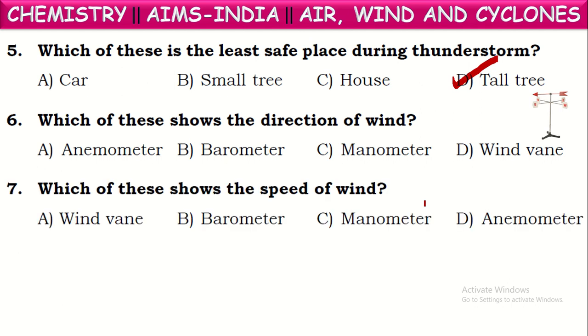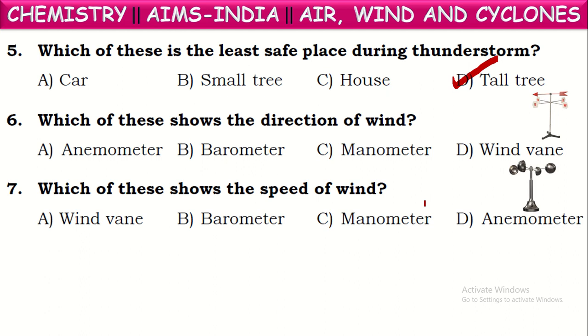Next one. Which of these shows the speed of wind? The direction of the wind is detected by using an instrument called a wind vane. But the speed of the wind, how fast it is being blown, is identified by another instrument which is called an anemometer. This is an anemometer.